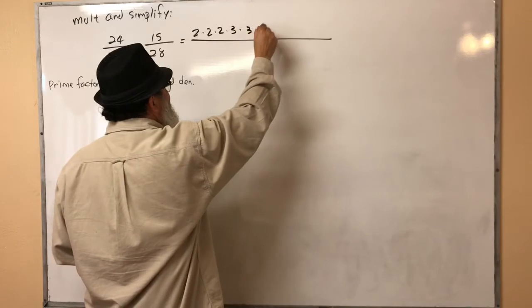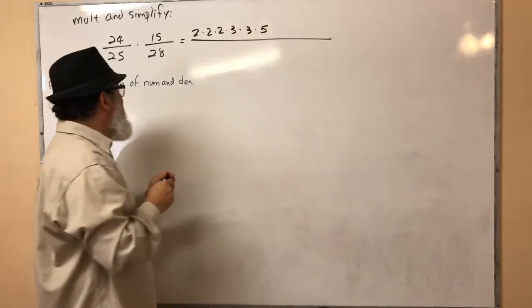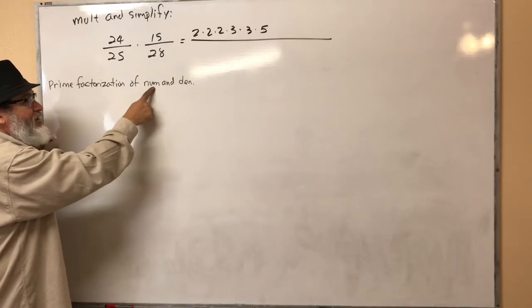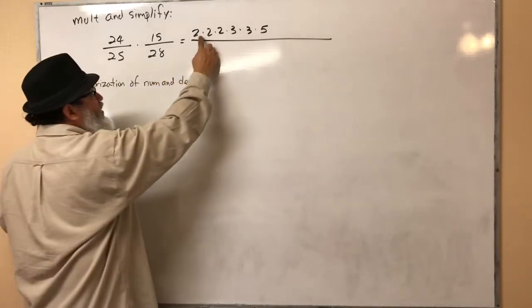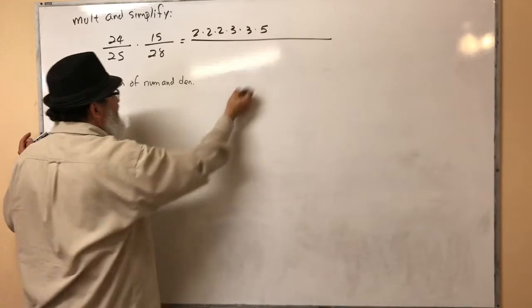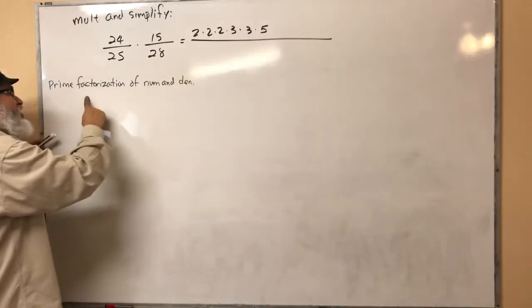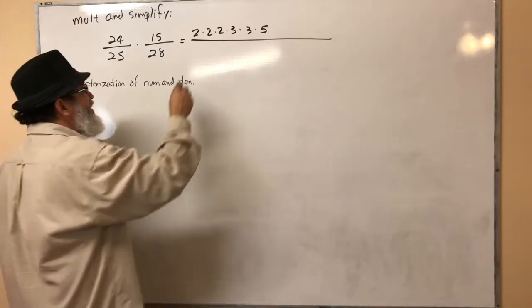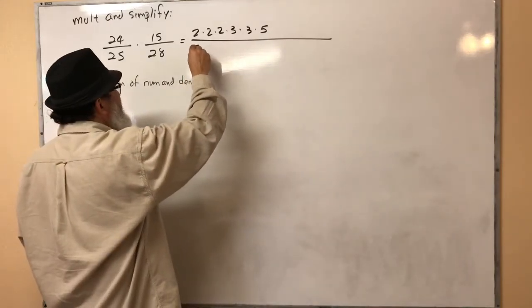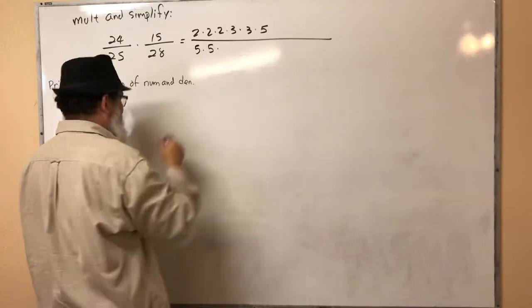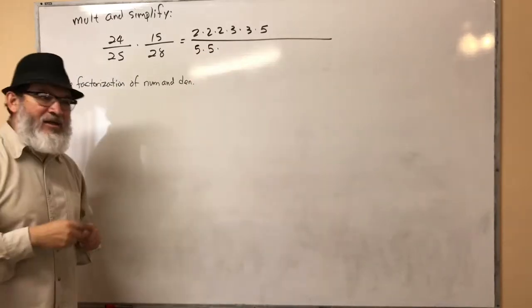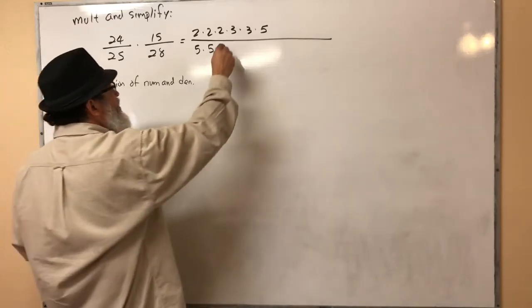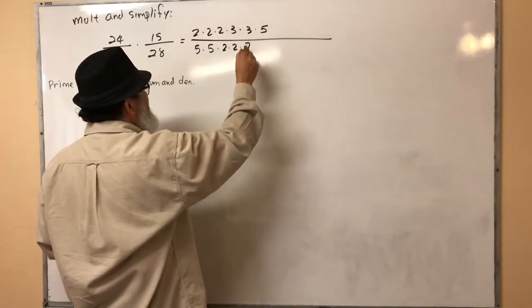So here we have the prime factorization of the numerator. Now let's find the prime factorization of the denominator. 25 is 5 times 5. What about 28? 28 is 4 times 7. 4 is 2 times 2, times 7.